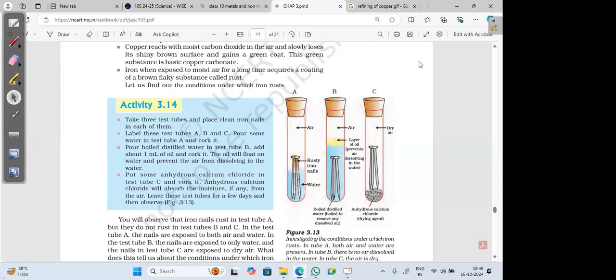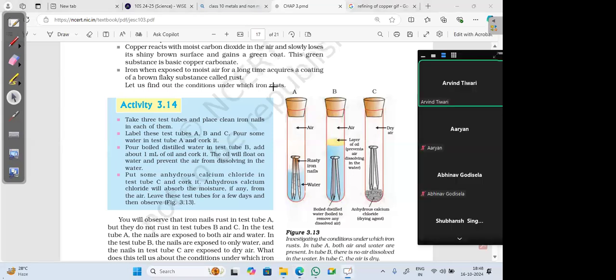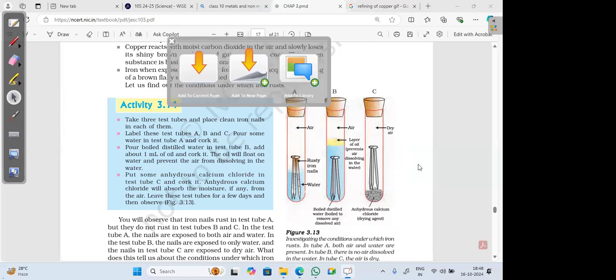So we observe that there is no corrosion occurring in test tube B and test tube C. But we observe that the nail in test tube A has got corroded, it has got rusted, it has a layer of brown colored rust on it.